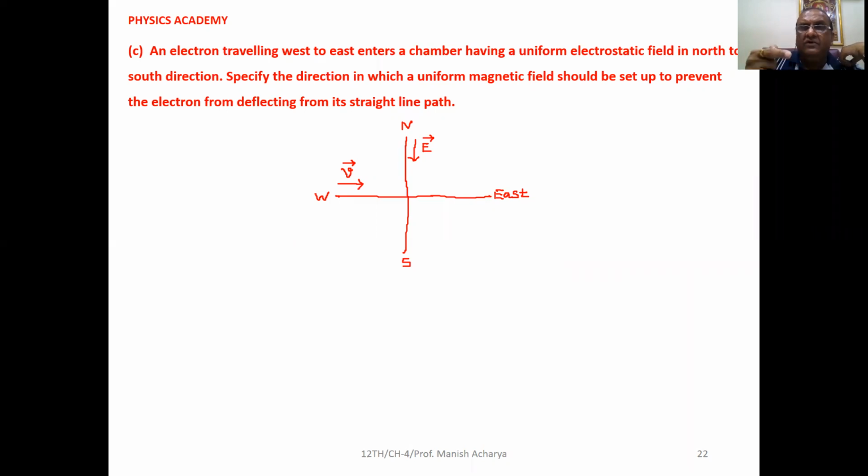If the magnetic field is vertically upward, it implies perpendicular to the plane of paper in the outward direction, then the electron will experience the force in the downward direction. Now if these two forces, due to the electric field and due to the magnetic field, are balanced, then it will move undeflected. Clear to all of you?